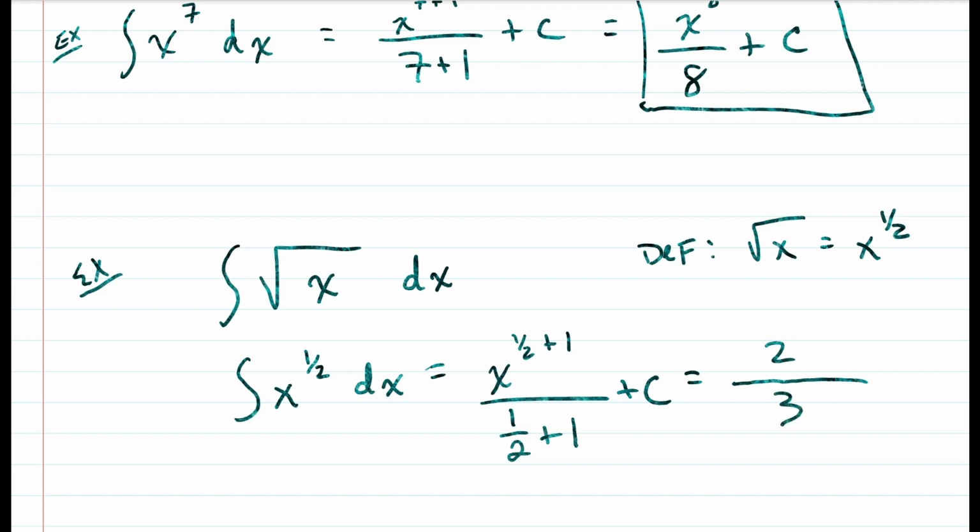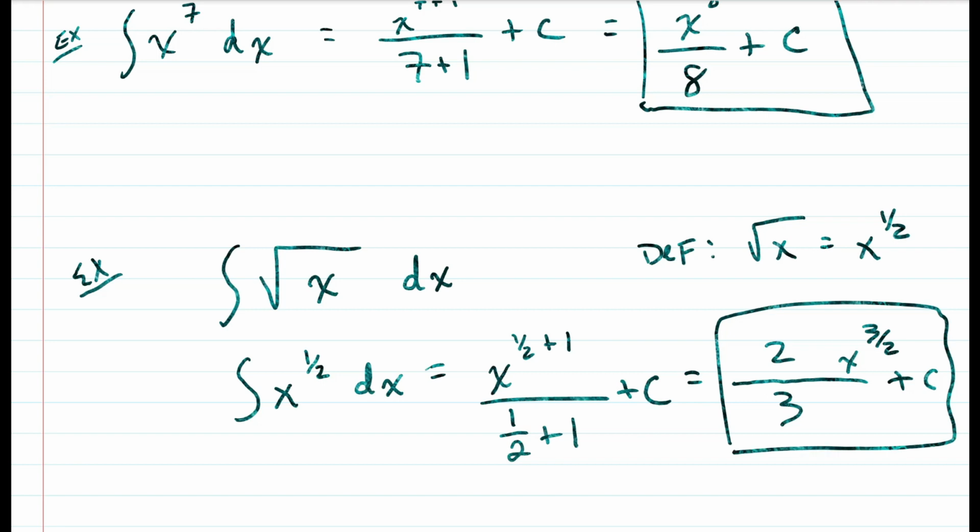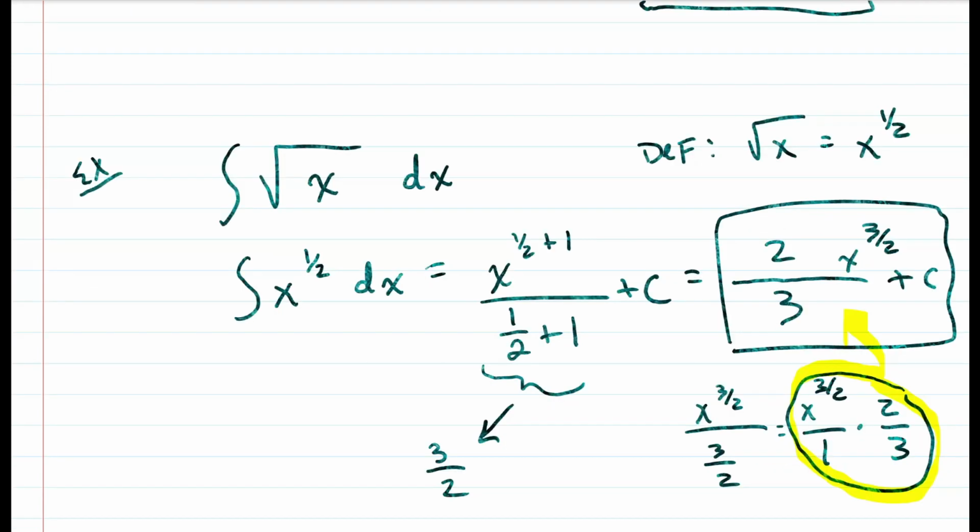So you get 2/3 x to the 3/2, and then you say plus c. And just in case you were wondering how we got the 2/3, we did the math down here as far as a fraction being divided by another fraction.